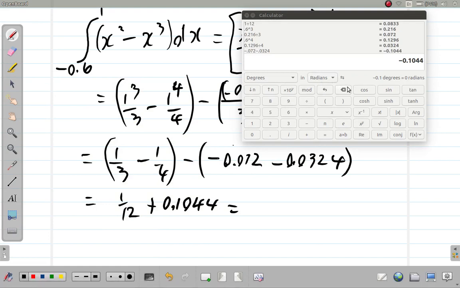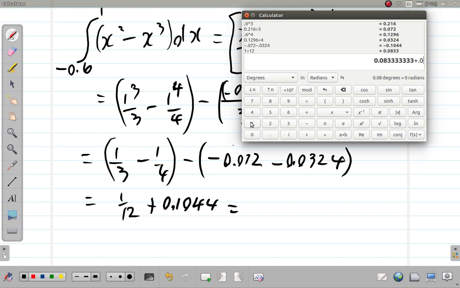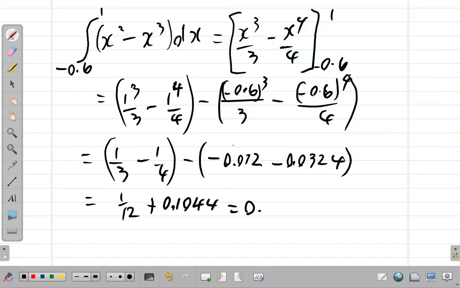So what we have is 1 over 12, plus 0.1044, equals 0.1877. Now, that's when we went straight across from negative 0.6 to 1.